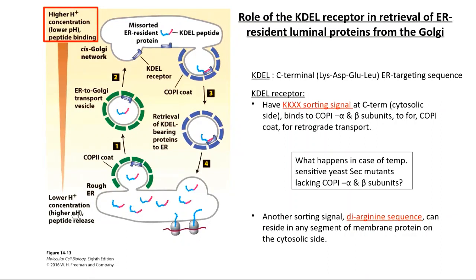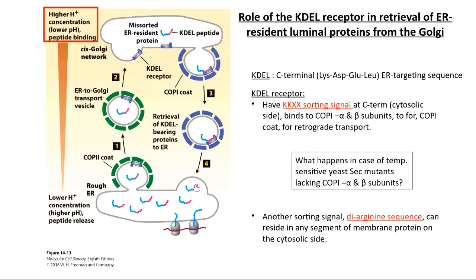So higher pH causes the peptide to release from the KDEL receptor. So when it comes back and gets fused with the ER, the higher pH in the ER basically helps in the release of the resident proteins from the KDEL receptors.